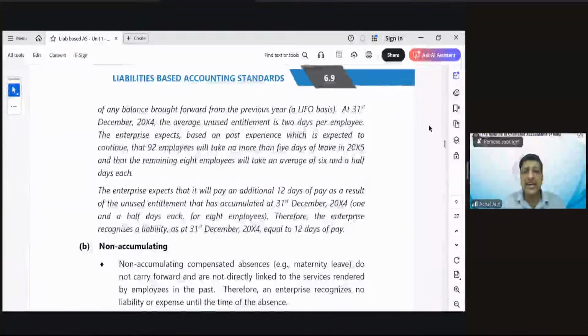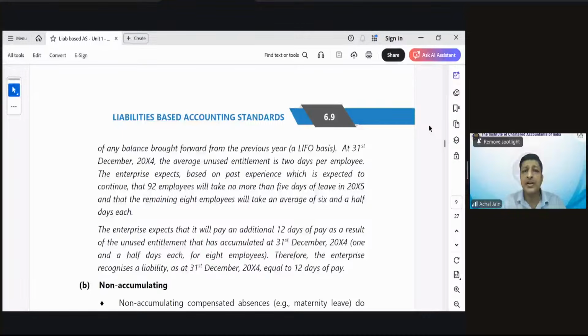Now, as at 31st December 20X4, average unused entitlement is 2 days per employee. Entity expects, based on past experience, which is expected to continue, that 92 employees will take no more than 5 days of leaves in X5 and remaining 8 employees will take an average of 6.5 days each. Yeah. So this is the fact pattern.